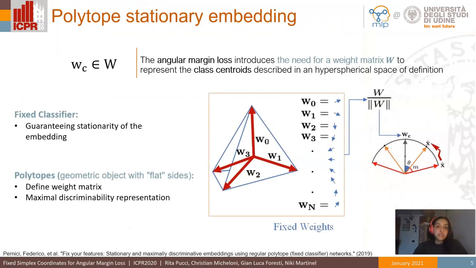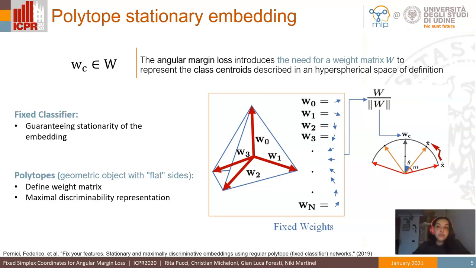But the angular modulus introduced the need for a weight matrix W to represent the class centroids described in the hypersphere of definition. To have this matrix, we want to define it as fixed, to use a fixed classifier, because a fixed classifier can guarantee stationarity of the embedding.